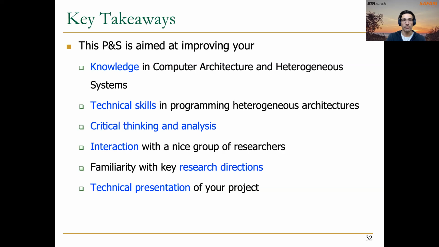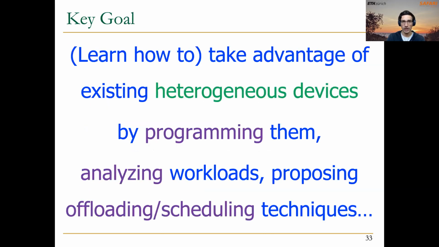In the end, you will also improve your technical presentation skills because you will have to present your project in front of our group. The key goal of the course, again, is to learn how to take advantage of existing heterogeneous devices by programming them, analyzing workloads, proposing offloading and scheduling techniques, etc.